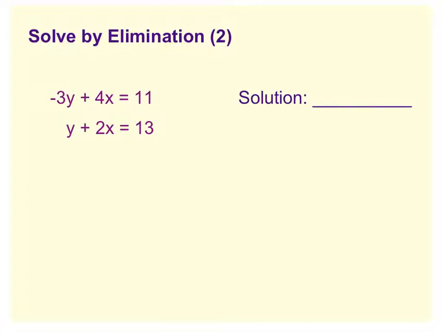To make that happen, you would need, for example, an x combined with a negative x, or a negative 2y with a positive 2y, or a 5x with a negative 5x. If you add any of these together, you get 0 and they cancel out.